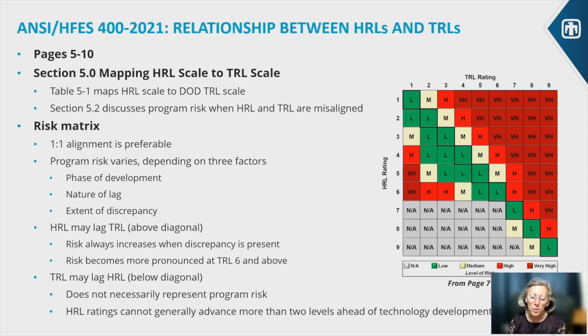A key system development process where this might occur is in software, where you can think about usability aspects of software before you have the final hardware platform, and you can start thinking about those elements before your TRL has advanced very high.